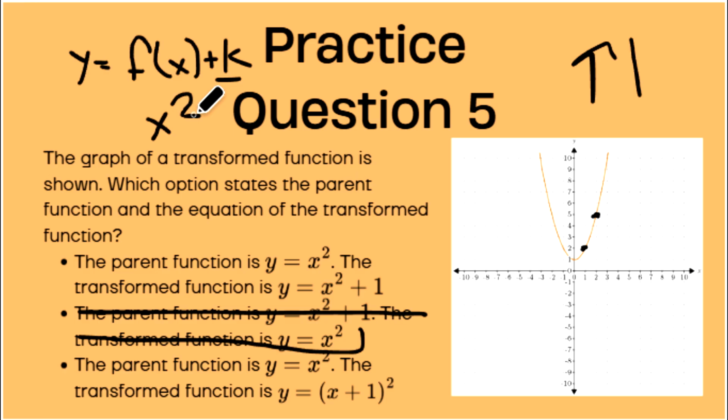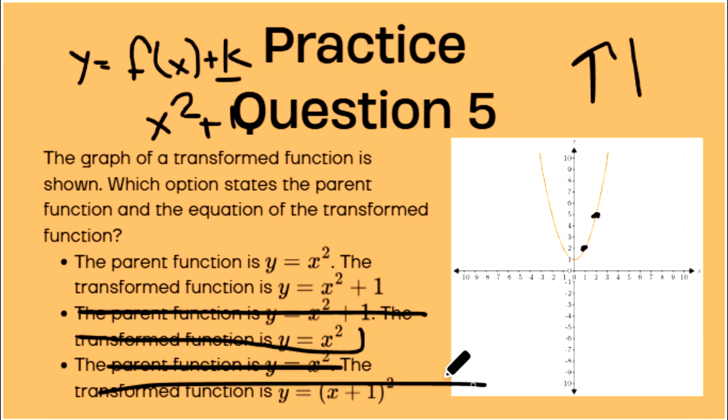So it should be x squared plus 1. It doesn't need these parentheses. That's horizontal, that's side to side. The only parentheses you would have would be around the x, and we don't need that. So this top one is the correct answer.